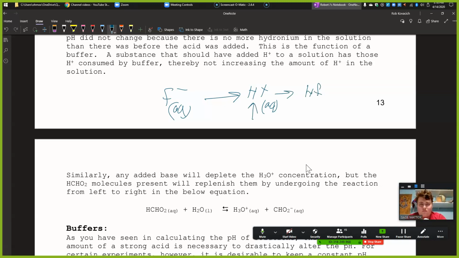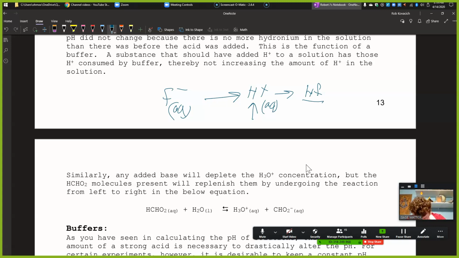So free H plus is what changes pH. No, it's connected. So pH didn't change because it connected to this F minus. We okay with that? But now we have hydrofluoric acid. But hydrofluoric acid's a weak acid, so it stays stuck together.